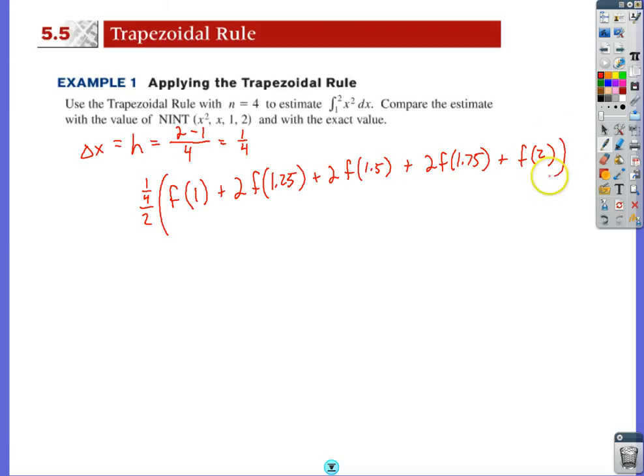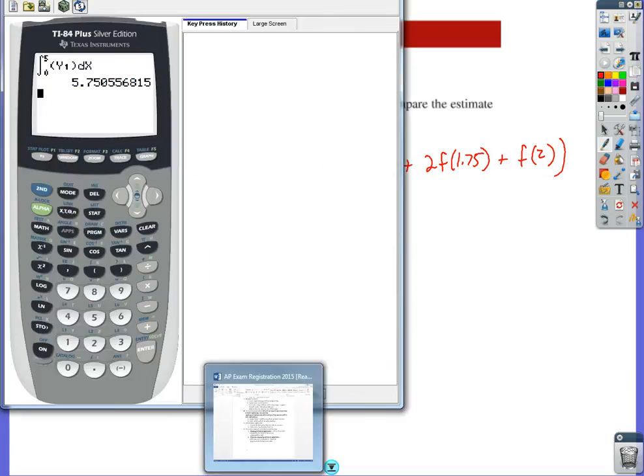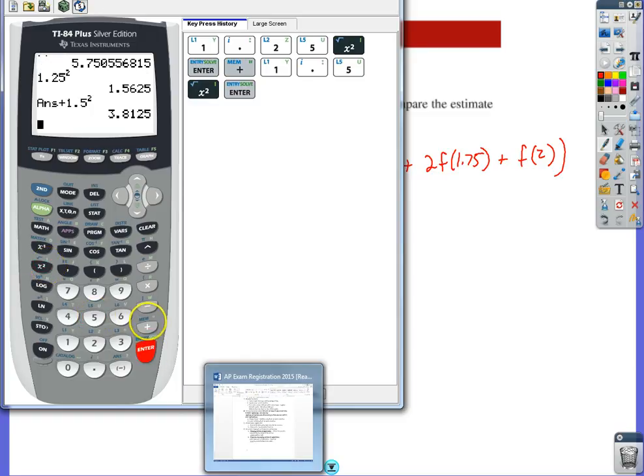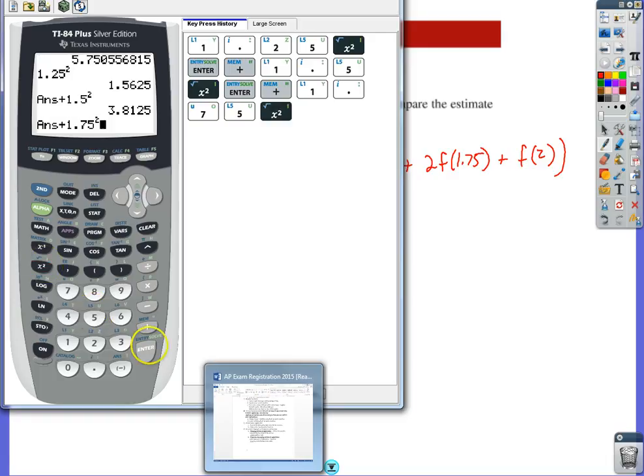Okay. You go ahead and we'll get our calculator out and calculate 1.25 squared, plus 1.5 squared, plus 1.75 squared, all of that times 2.